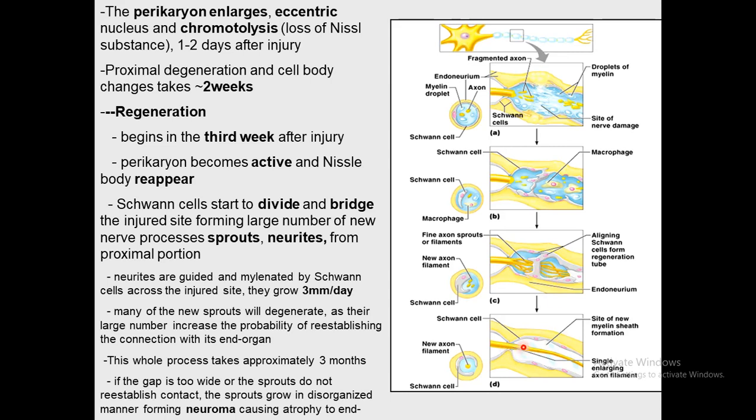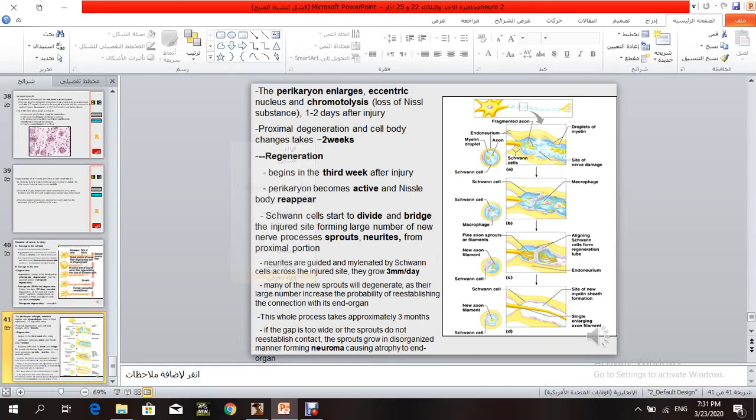Therefore this will cause a neuroma at the location of the injury. So what happens to the targeted tissue? It undergoes atrophy. This is the summary of the last lecture.